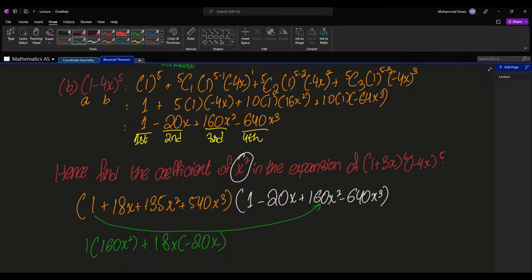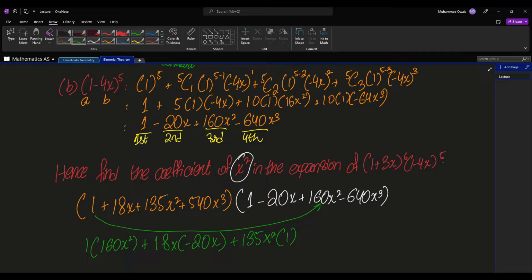Now then, this 135x square. If I multiply this 135x square with 1, I will get an x square once again. So 135 x square into 1. Now I cannot multiply this 135x square with any other term, as it will give me a term which is greater than x square. See, if I multiply this 135 x square with minus 20x, it will give me an x cube.